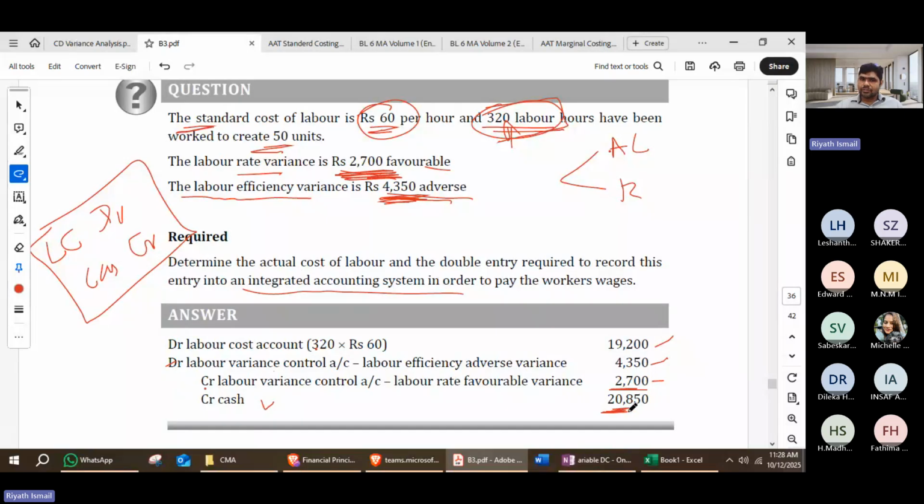This is the actual cost of labor. You see the double entries, debit side and credit side. Do they tally? Do debit and credit balance or not?